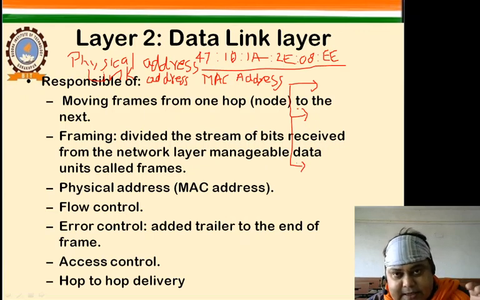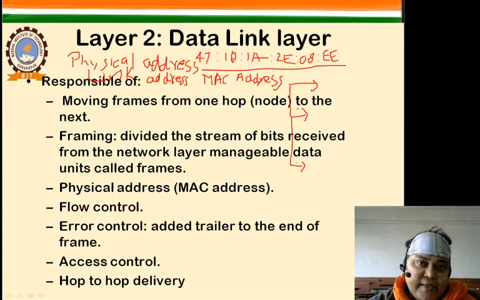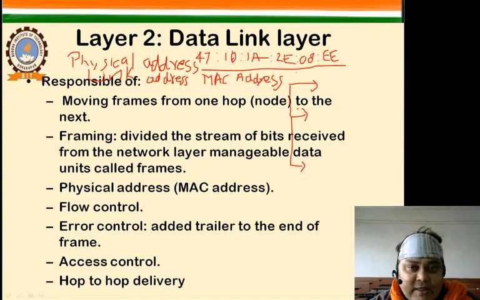This address is classified into three categories. The first category is Unicast.